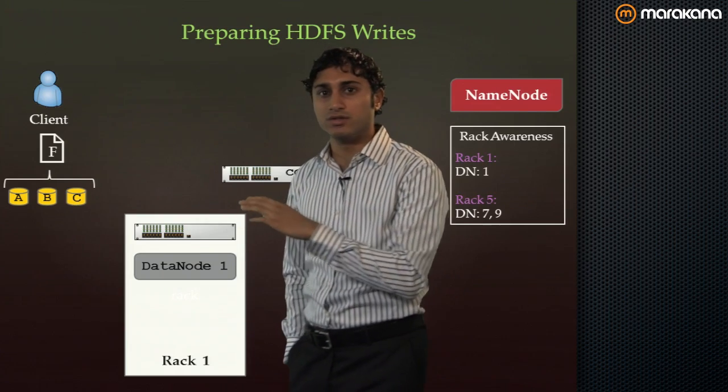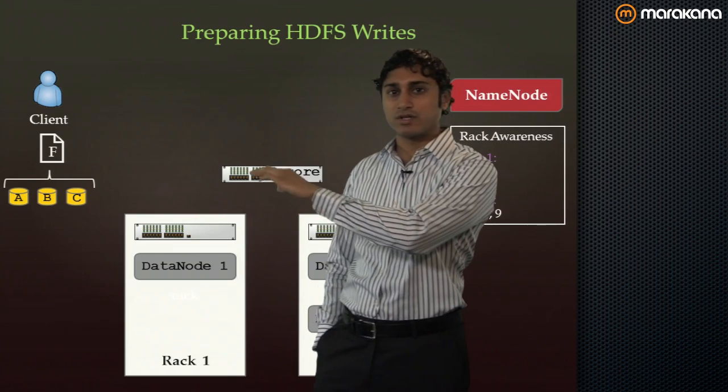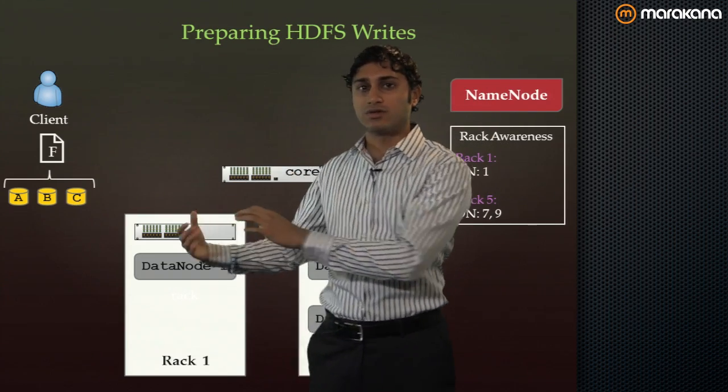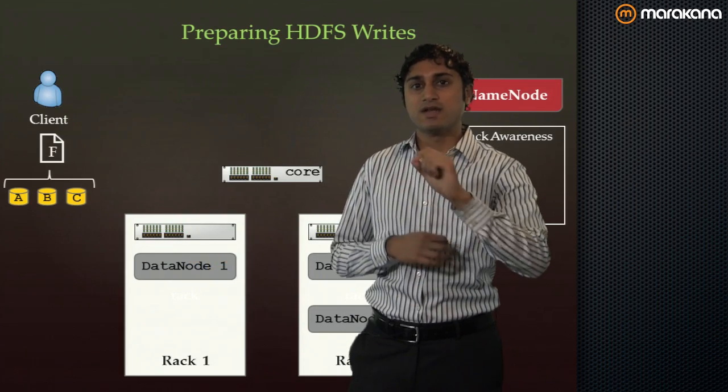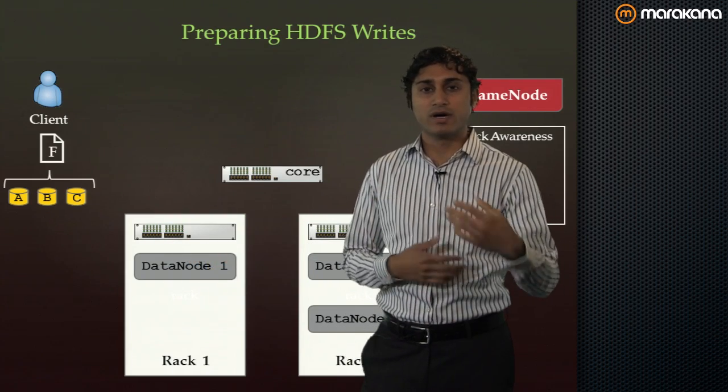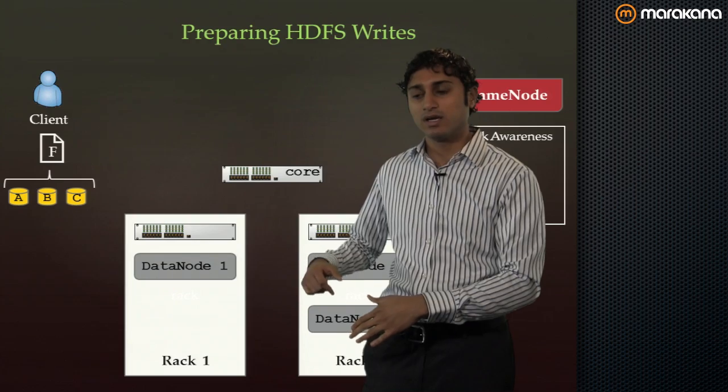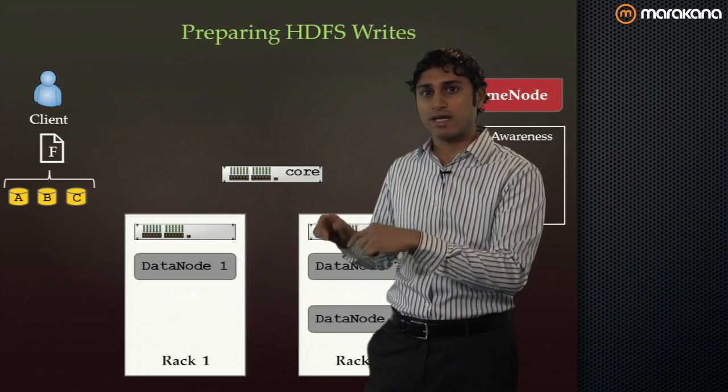So you don't have to break the file up into 3 blocks yourself and then contact the NameNode to ask where you're going to store each block. This is done for you by the Hadoop Client API.